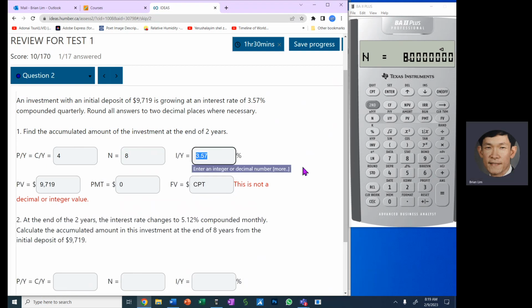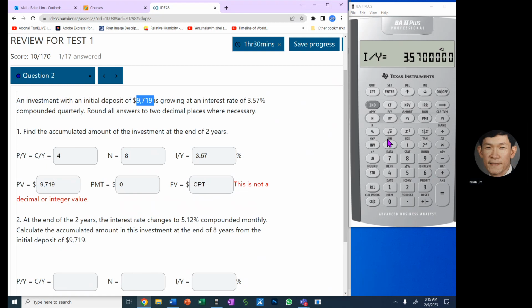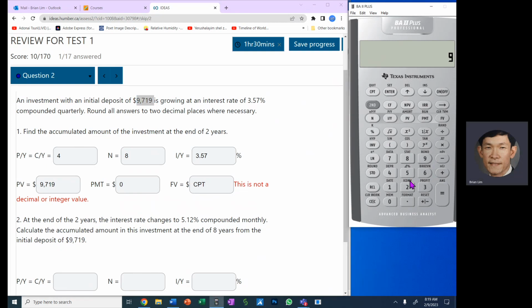right? Interest rate is 3.57, so 3.57 interest rate. And what else? The present value is 9,719. So 9,719 present value, 0 for payment because there are no periodic payments.